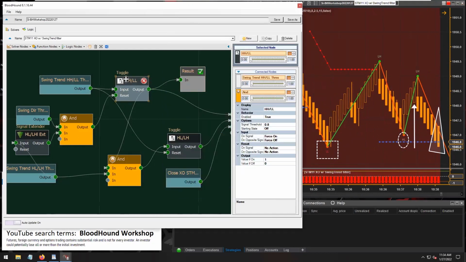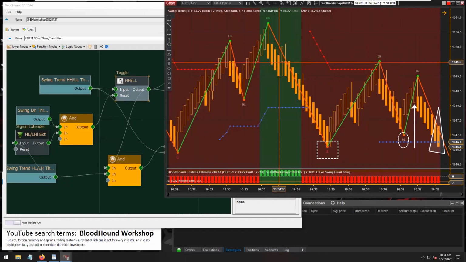So we're looking at the higher high and lower low toggle node. And of course, when the higher high is identified, that toggle node gives us a long output until the market goes far enough down where this downswing has become a lower low. We can see when this downswing goes below this prior low point, it becomes a lower low.